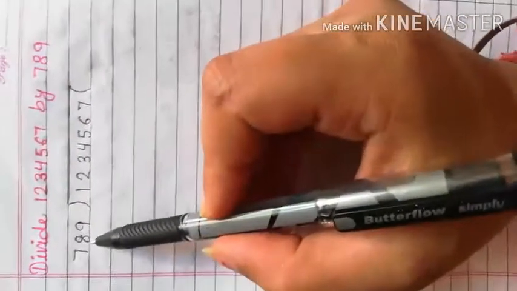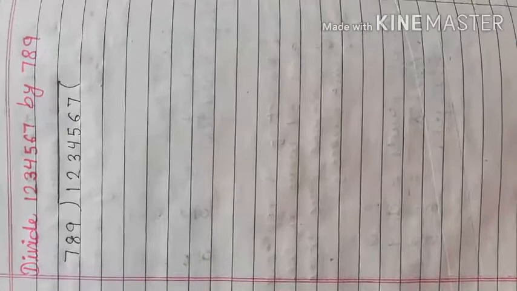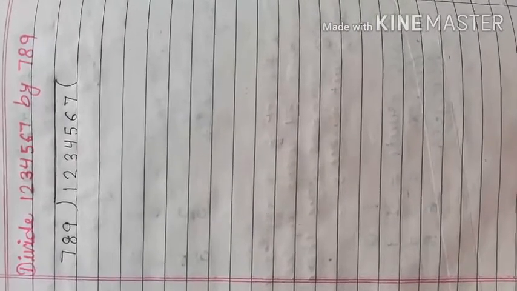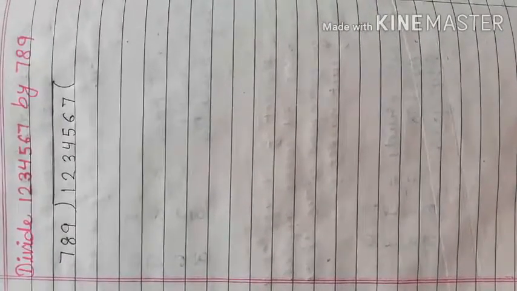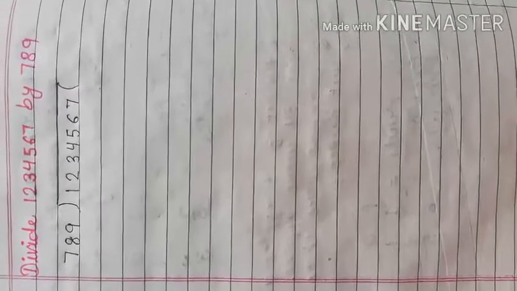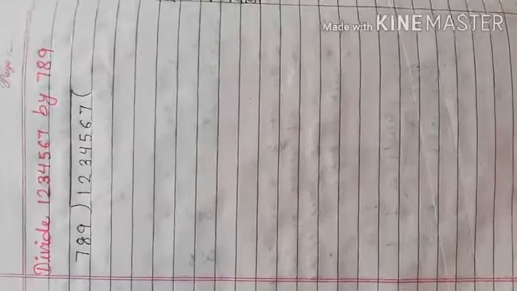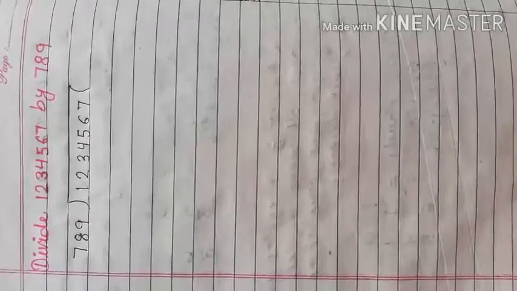So here you can see that we have a three-digit divisor, right? And here in the dividend we have 123, that is a three-digit number, but because 123 is smaller than 789, we will take a four-digit number. We will see whether this comes in the table of 789 or not.